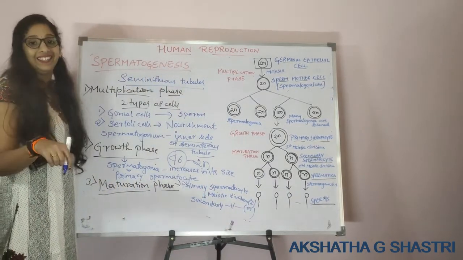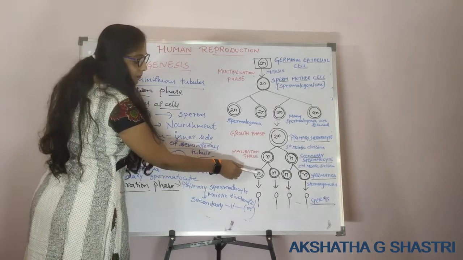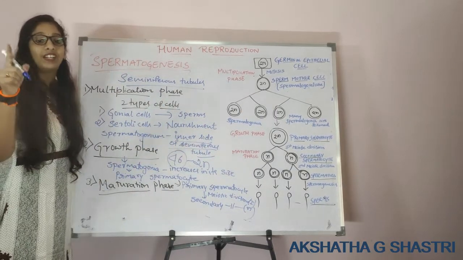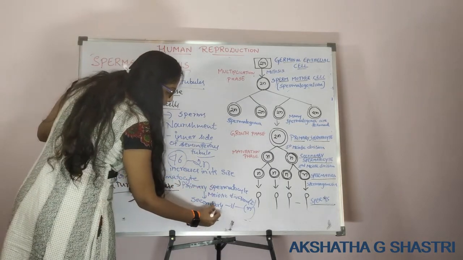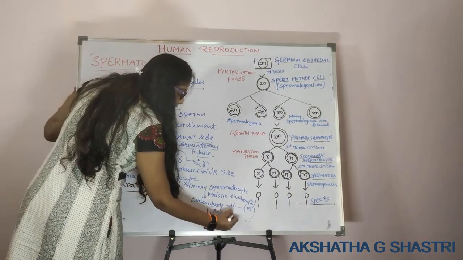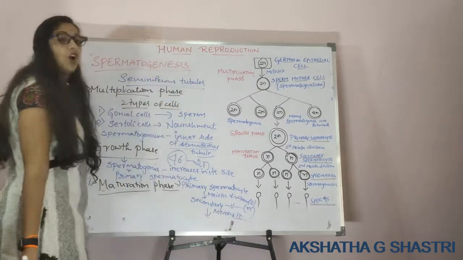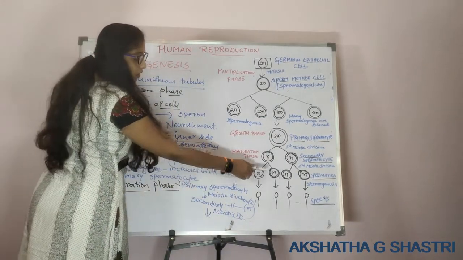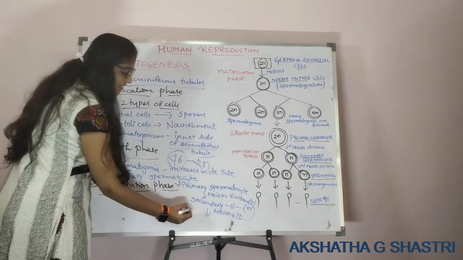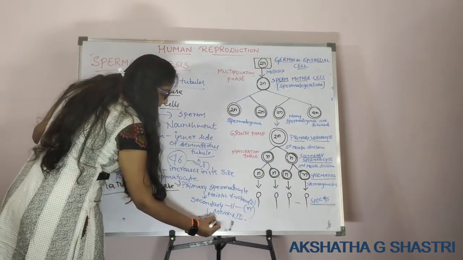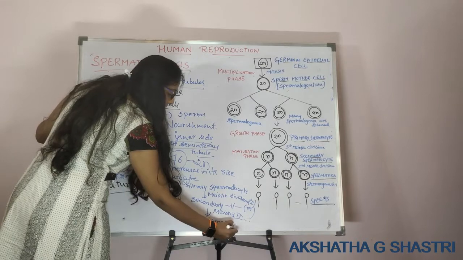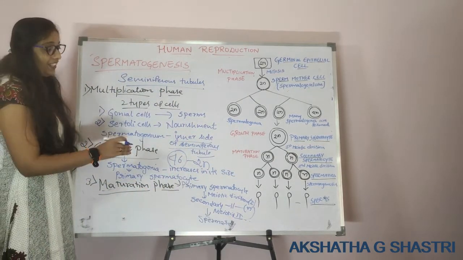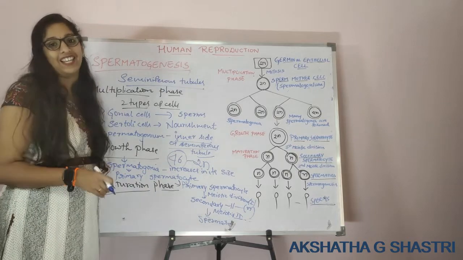And again, this secondary spermatocyte undergoes the second meiotic division, meiosis 2, which results in the formation of 4 spermatids. The 4 spermatids are also haploid, and we can call them haploid daughter cells.